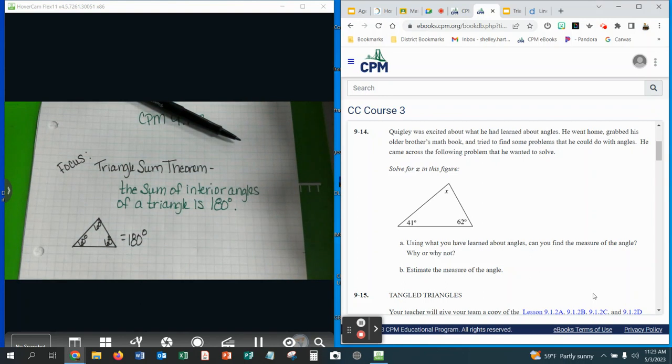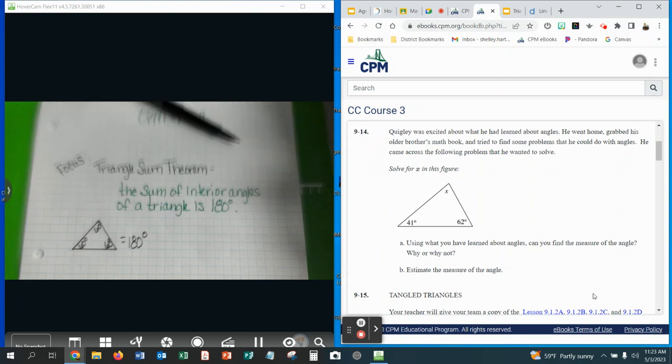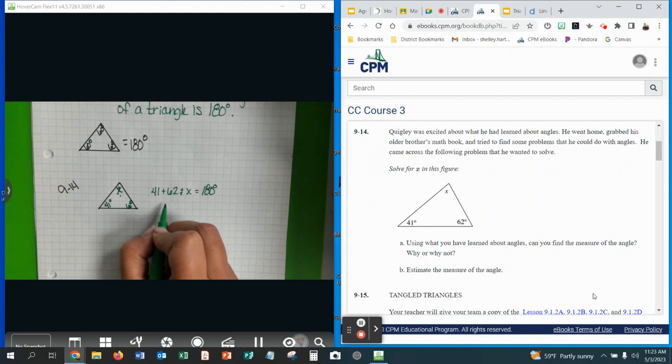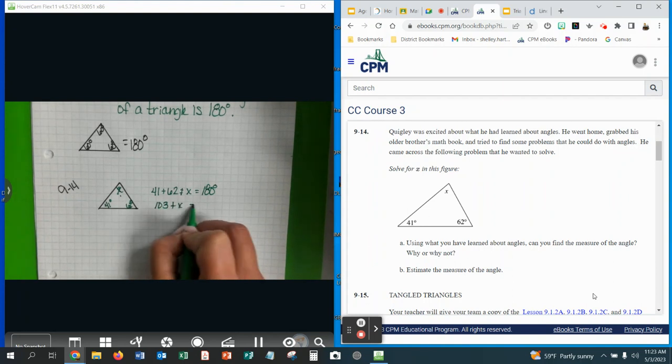You've got 62 degrees. They want to know what that is. Well, we're going to go 41 plus 62, and then plus whatever else, we'll just say x, equals 180 degrees. So let's just add this up. 41 plus 62 is 103. So we have 103 plus x equals 180.